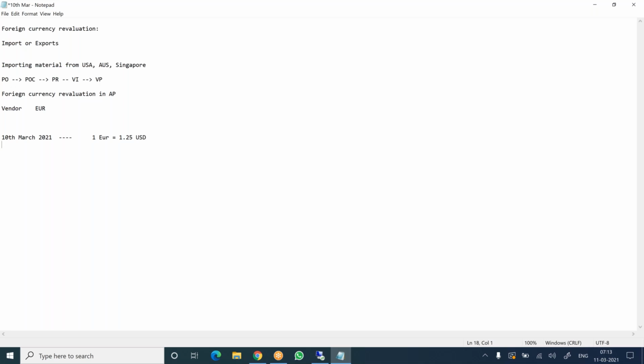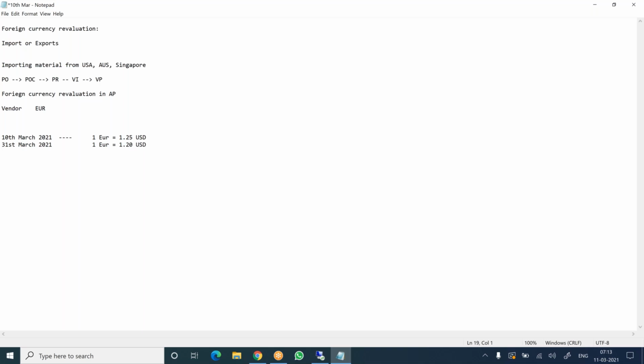Now on 31st March, if the exchange rate is €1 equal to 1.20 US dollars, then what happens?